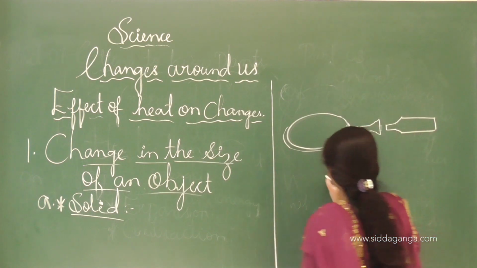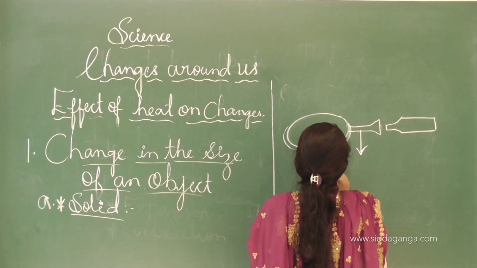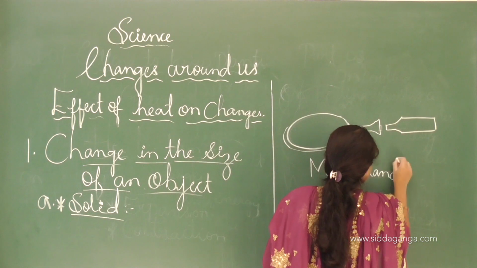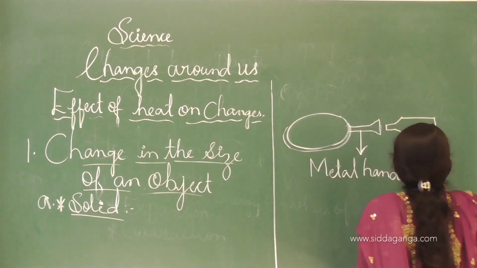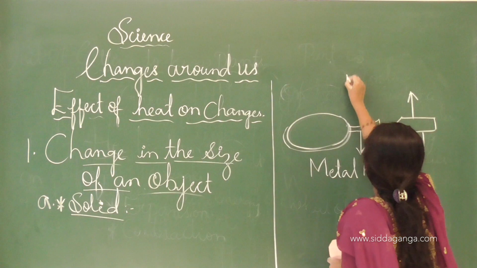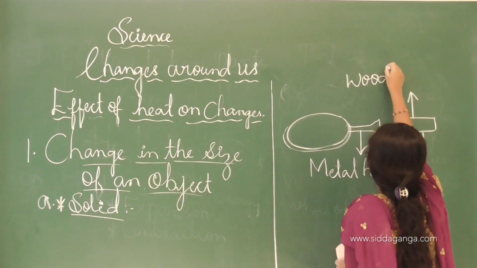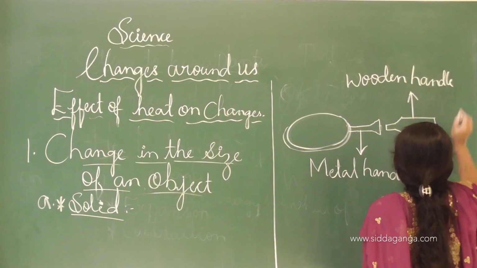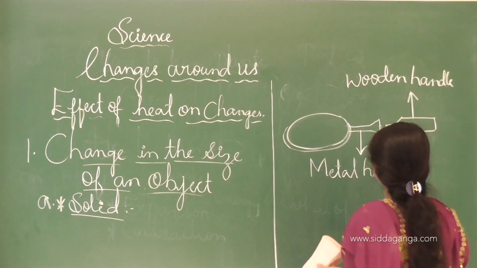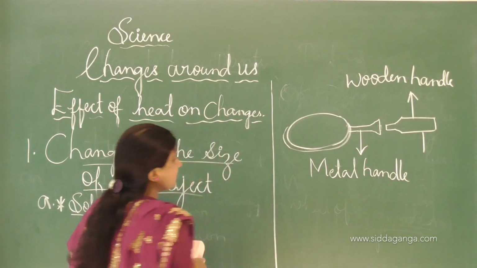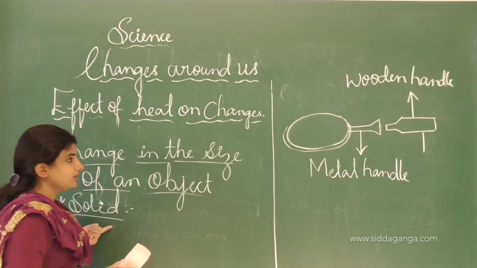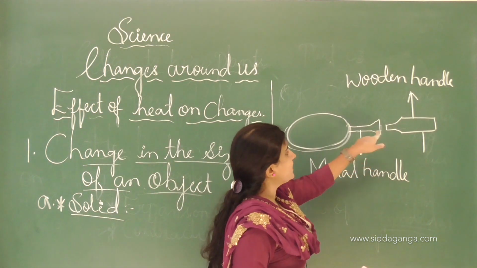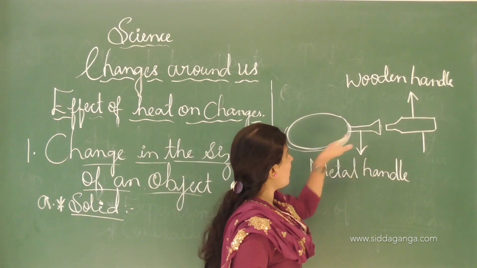This is the metal handle, and this one is the wooden handle. This is one example of a solid. It is impossible to fix the wooden handle into the metal handle of a pan.